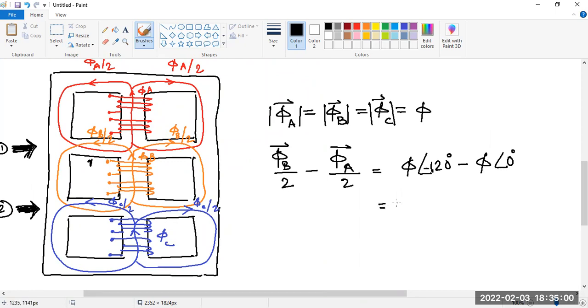Okay, so can you do this operation quickly? Try to do this operation. Do you know one thing? The result is root 3 phi, angle minus 150 degree.